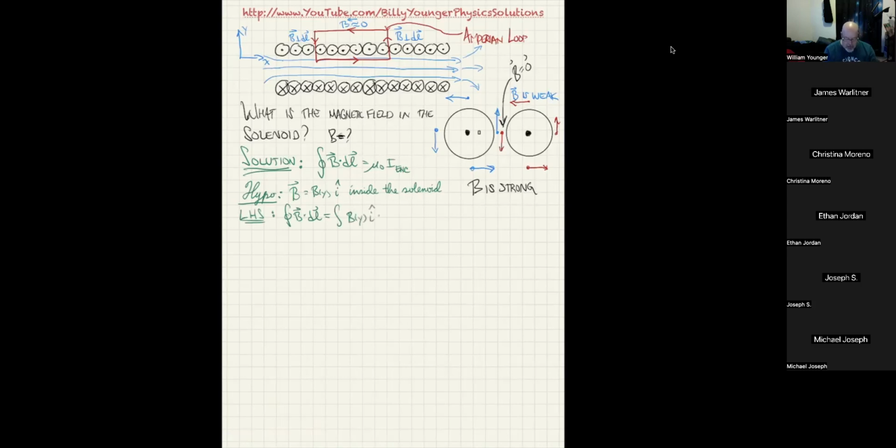And now, at least for this bottom part, so I'm going to write BOT for bottom down here, you can see that my little differential line element, which I'll draw as blue, that dl is actually dx i hat. I should probably put that back in green since I'm working on the solution.